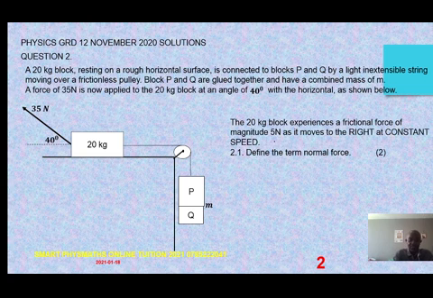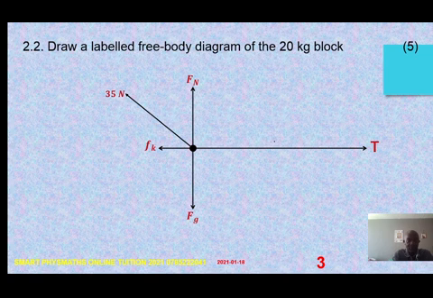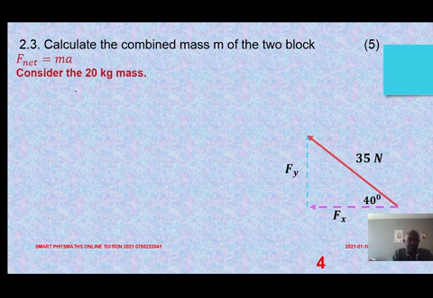Are we together? Okay, so they say that we should calculate the combined mass M of the two blocks. Now, because the system is moving, we're using Newton's second law of motion, that is Fnet equals ma. And if we consider the 20 kilogram mass, it was moving to the right. So it means that the tension force is being opposed by frictional force, as well as the horizontal component of the applied force.